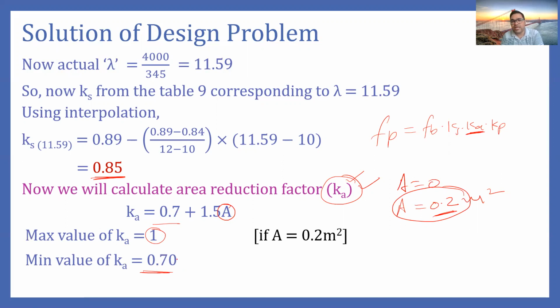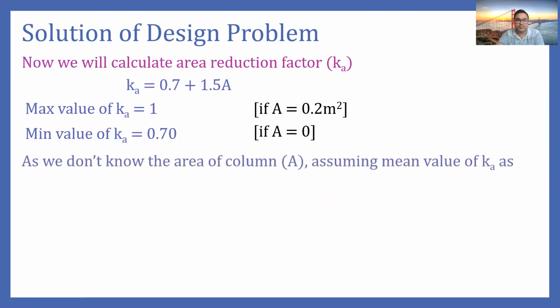For the time being, we will take the mean value of Ka until we find out the second dimension of the pillar. Later we will find the actual value of Ka, but for now we take the mean value of Ka, which is 0.85.